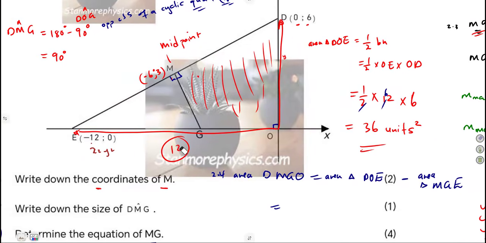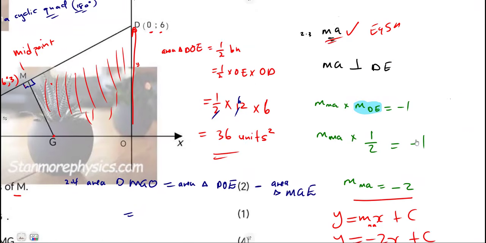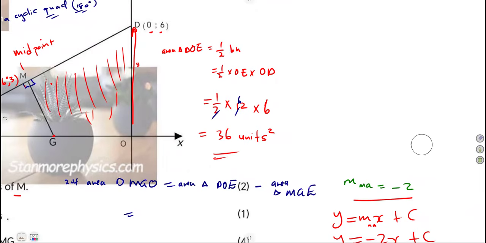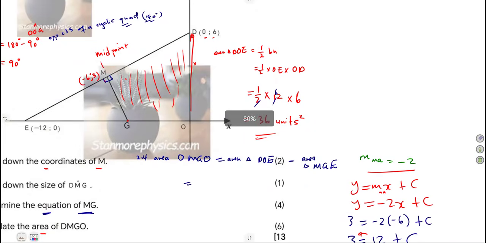So we now need to determine the area of the smaller triangle MGE. On this smaller triangle, we have the point M and the point E, but we do not have the point G. Let me show you what is going to happen.